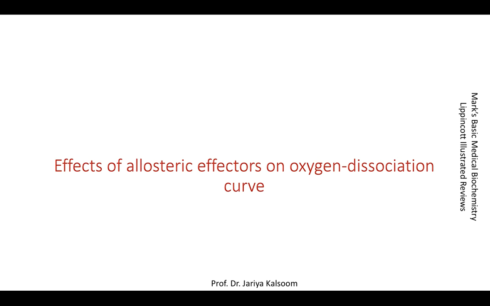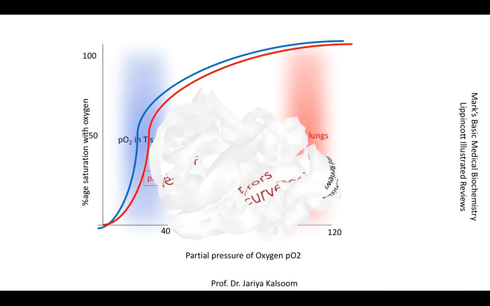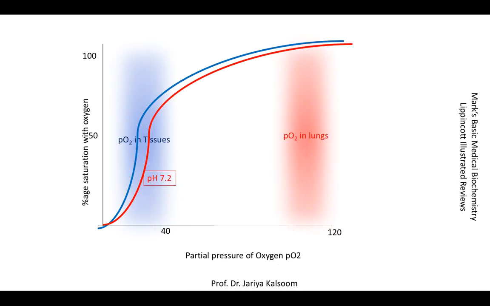Let's see the effects of allosteric effectors on the oxygen hemoglobin dissociation curve. A decrease in pH results in decreased oxygen affinity of hemoglobin and therefore a shift to the right in the oxygen dissociation curve, as shown by the red curve.